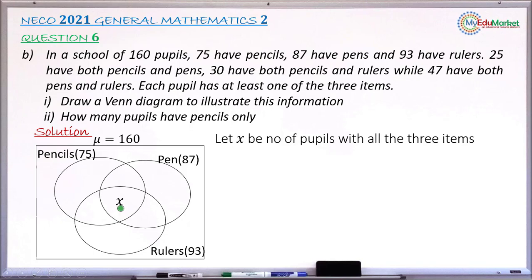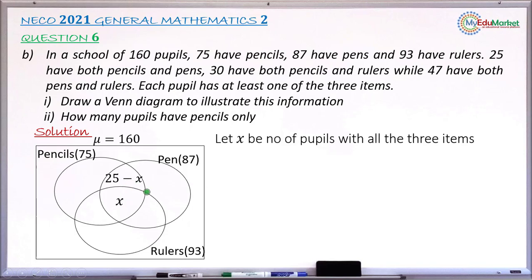So if this is X, you can now find how many pupils have pencils and pens only by removing this X from 25. 25 is the number of pupils that have pencils and pens. So this region would now be 25 minus X, where X represents the number of pupils with all three items.